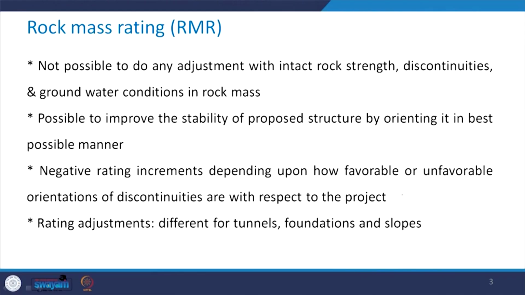Negative rating increments, depending upon how favorable or unfavorable the orientations of discontinuities are with respect to the project, are assigned as the adjustment for the orientation of the discontinuities towards the calculation of the final value of rock mass rating.